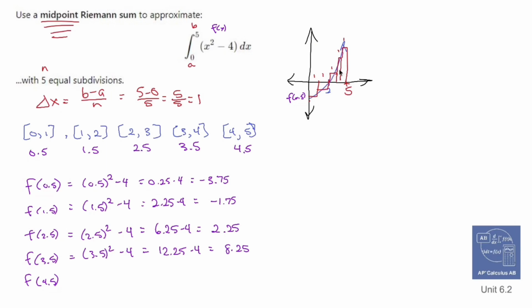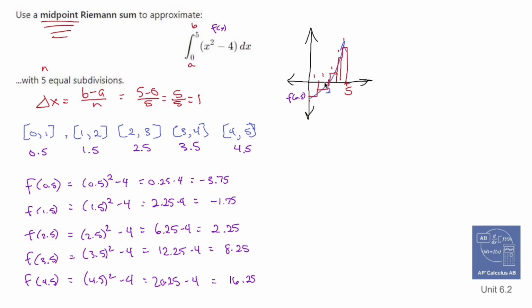That's how tall that rectangle is going to be. And 4.5 squared minus 4 is going to be 20.25, oh boy, minus 4, which is 16.25. All right, now that's how tall each of these rectangles is respectively.